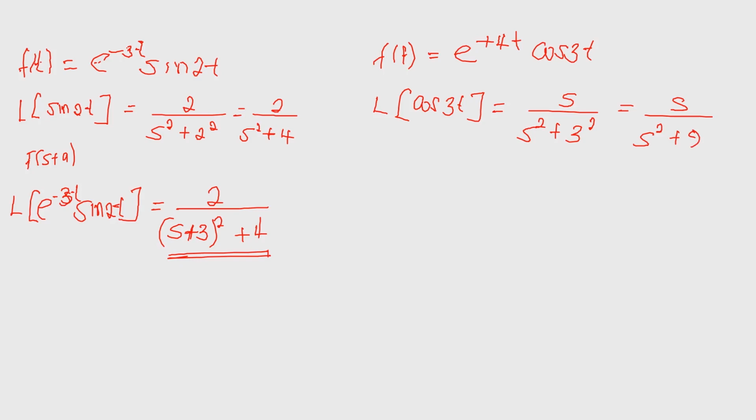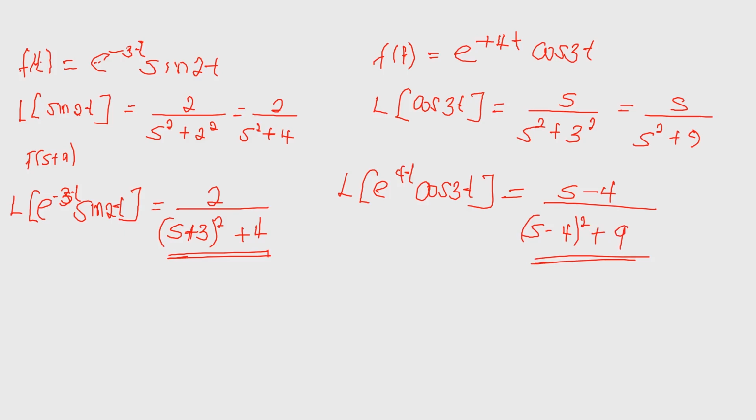Now your a here is 4, so it's going to be minus. The Laplace transform of e raised to the power of 4t cos 3t will be equal to s minus 4 over (s minus 4) squared plus 9. So that is your answer.